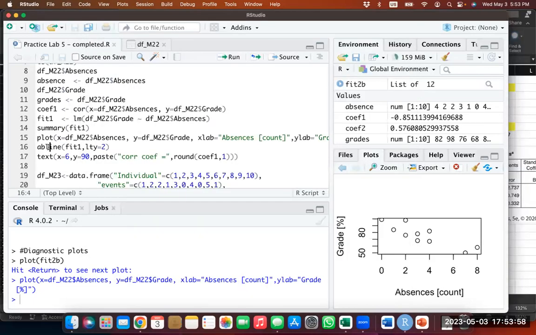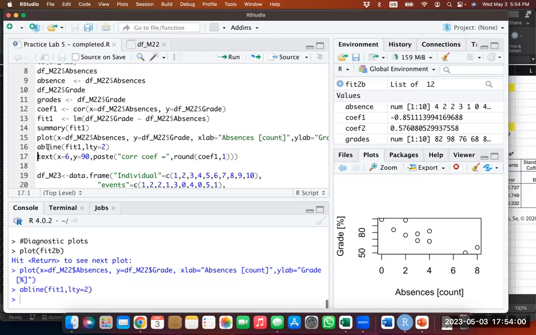If you run, in addition, line 16, your plot is amended with the respective regression function.